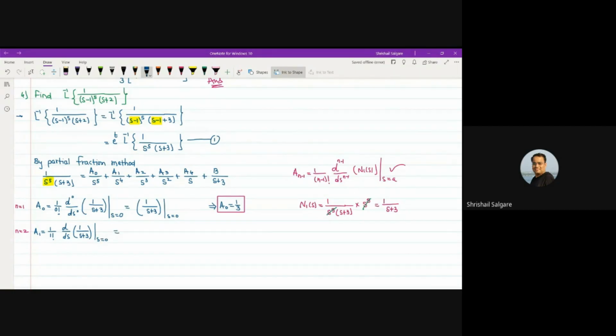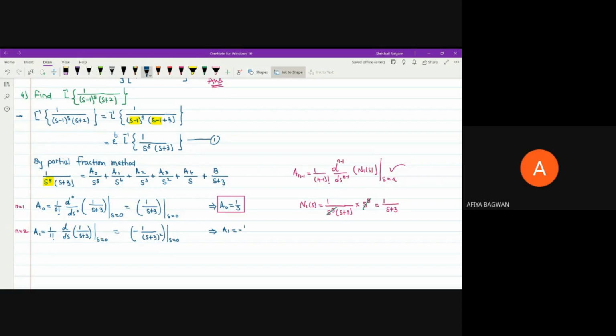This 1 upon 1 factorial is 1, not necessary to write. And what is the derivative? 1 upon x, its derivative is minus 1 upon s plus 3, its bracket square. Is it right? At s equal to 0. Tell me a1. S is 0, the term is negative. 1 upon 3 square?